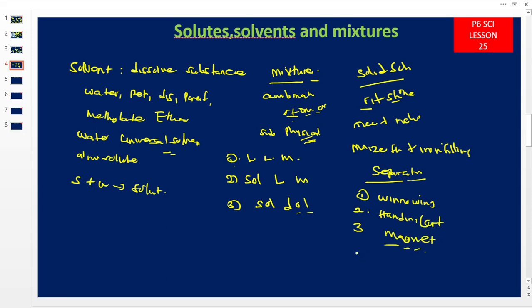We use a magnet when separating a solid mixture where one of the solids is a magnetic material that can be attracted by a magnet. For example, maize flour plus iron filings. But we cannot use a magnet to separate stones from maize flour, because stones are non-magnetic, so they cannot be attracted by a magnet.